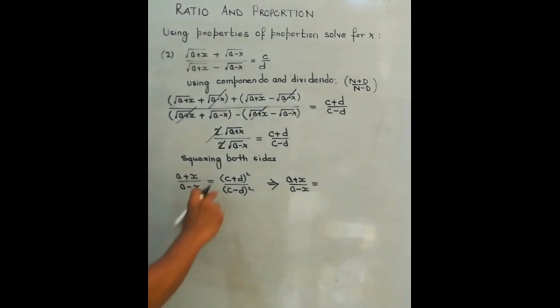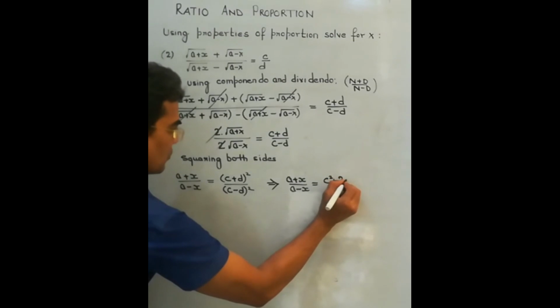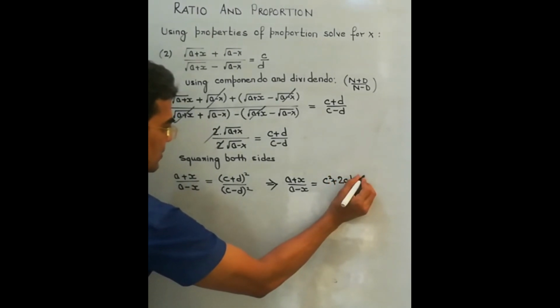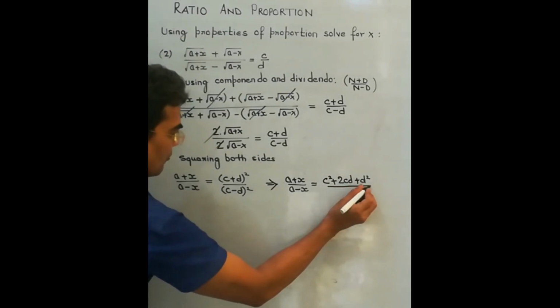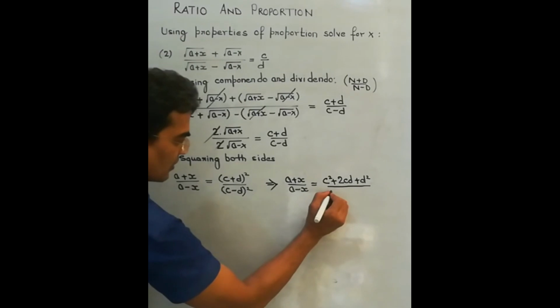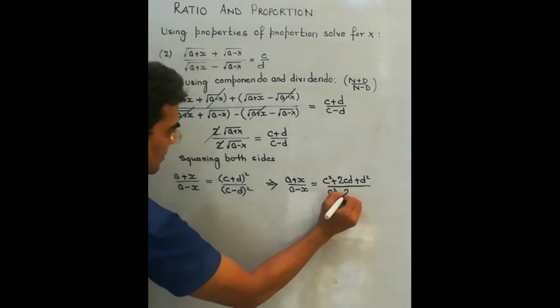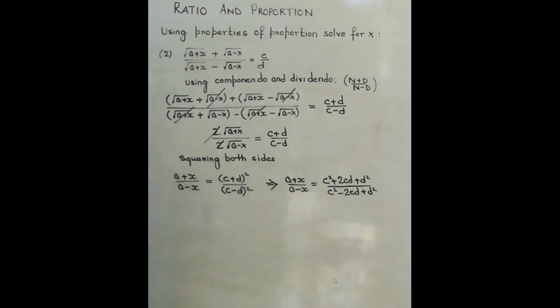Now the right side when we square it, we get c square plus 2cd plus d square. We will open it with the formula a plus b whole square. Then this one c square minus 2cd plus d square. So this will be our result. Hope this much is clear to you.